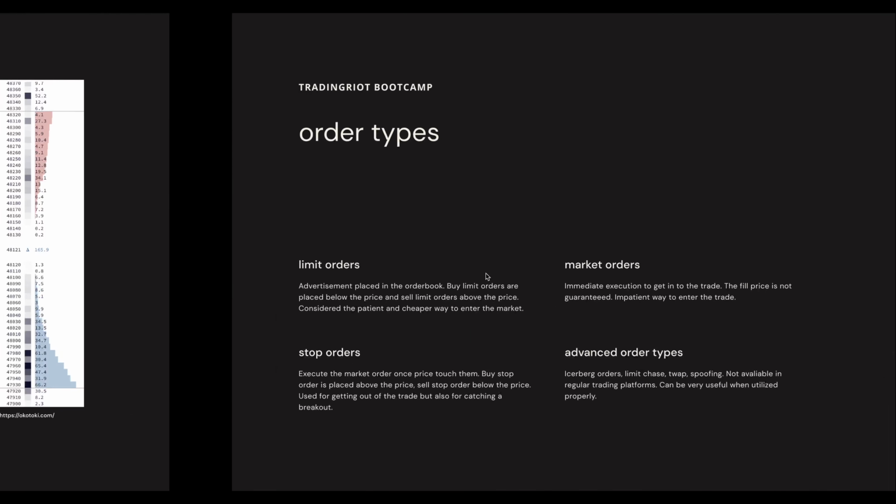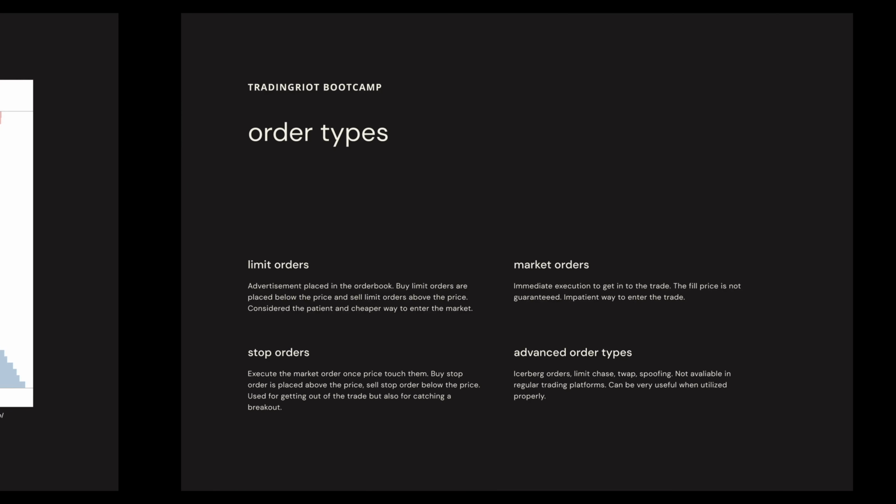So if you buy and sell into the best bid and the offer, you will more likely get filled, and you will save on spread, and you will save money.